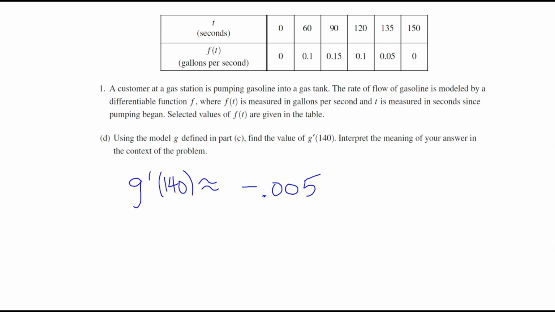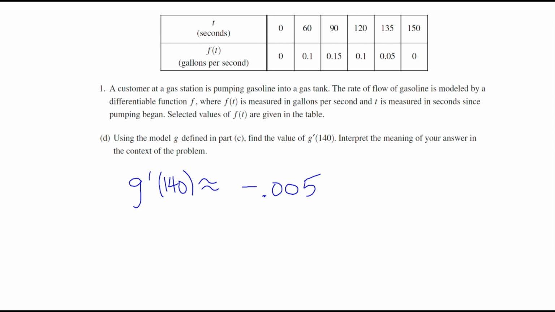And it doesn't ask us for units here, I don't believe. It just says interpret the meaning of our answer, but it's still always nice to put the units just for good practice. So the interpretation of this is going to be, we've taken the derivative of G. Well, G measures the rate of change.